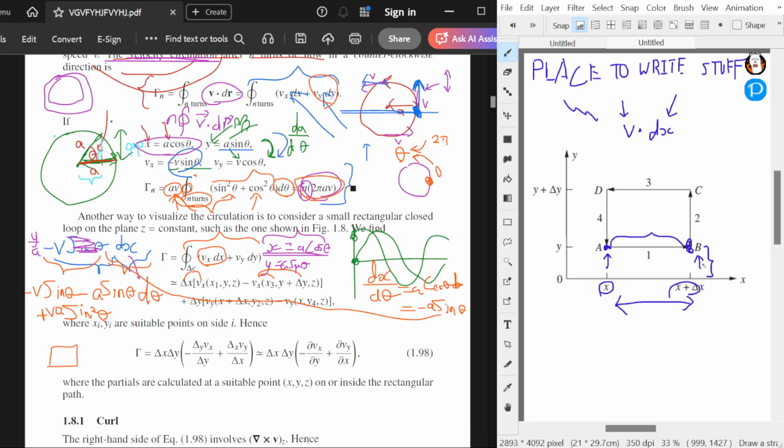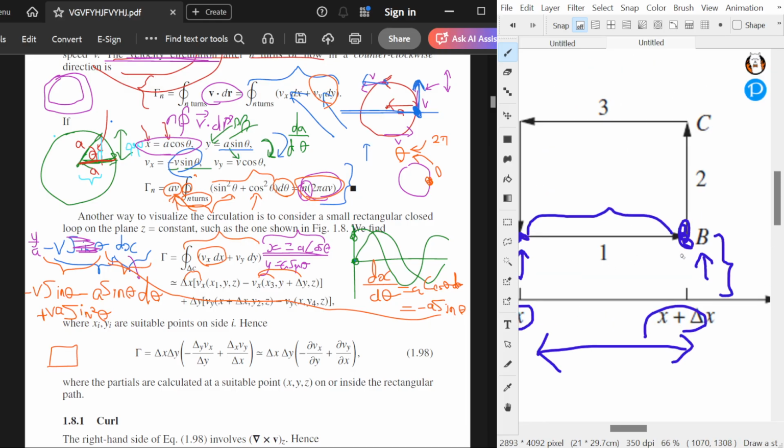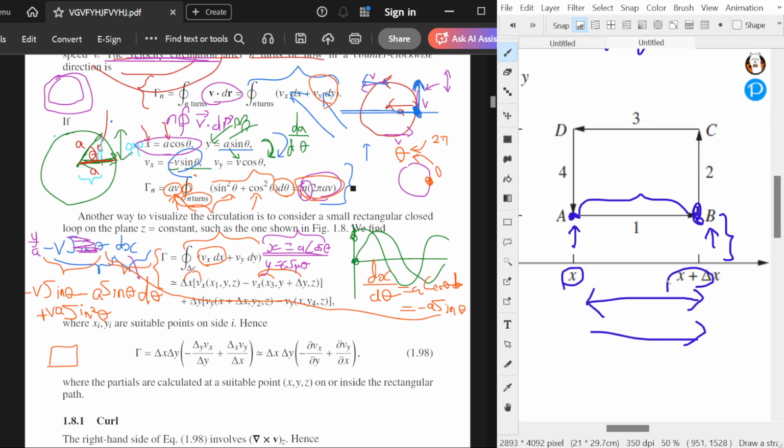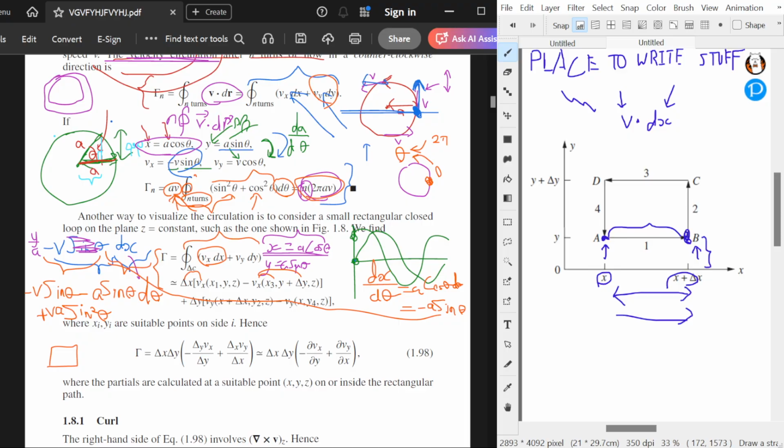So here, well, let's see what this guy is doing. So delta x, which is this length here, delta x, delta x, then we have x1, y, z.